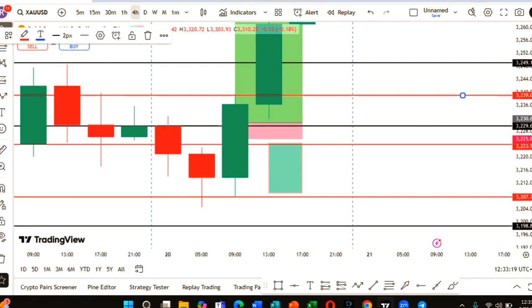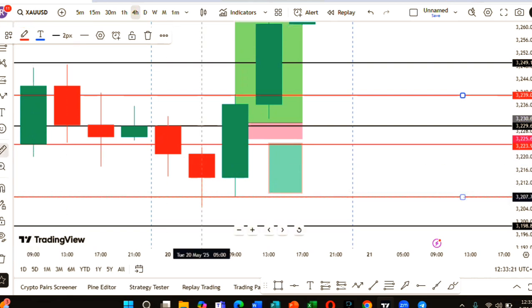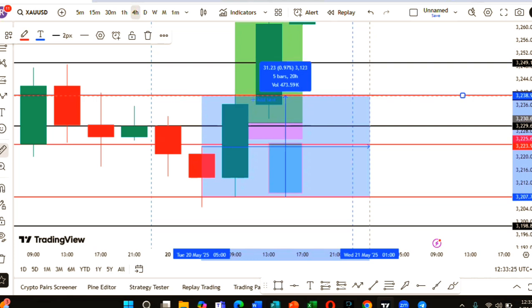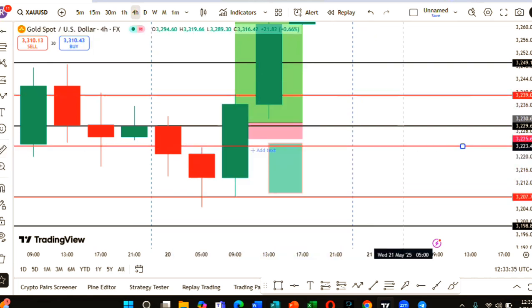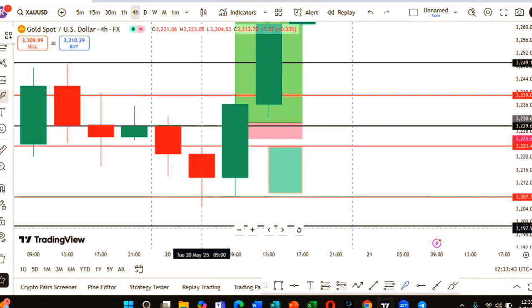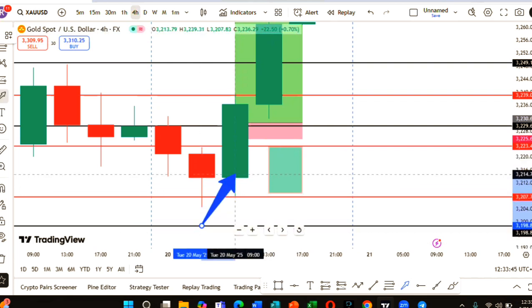Then the middle of this candle. I normally use the power of 3 in this case. So this is the middle of this 4-hour bullish candle. This one is the one that we are focusing on.